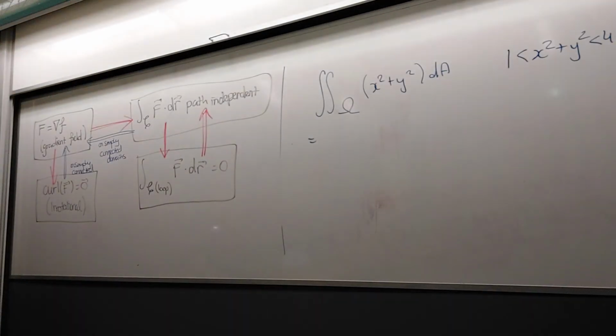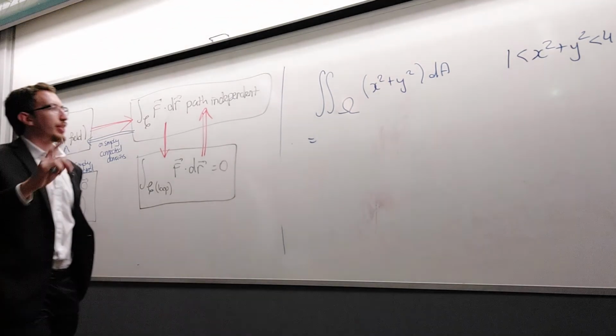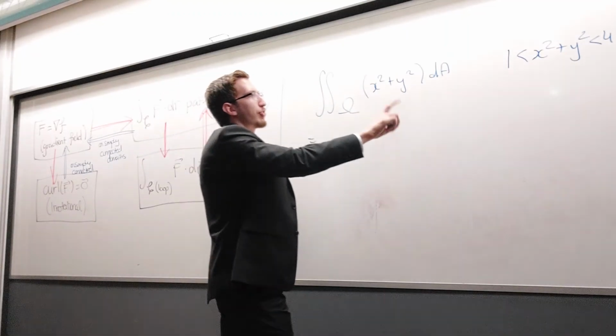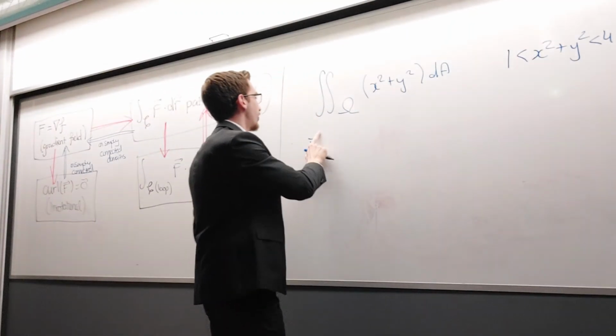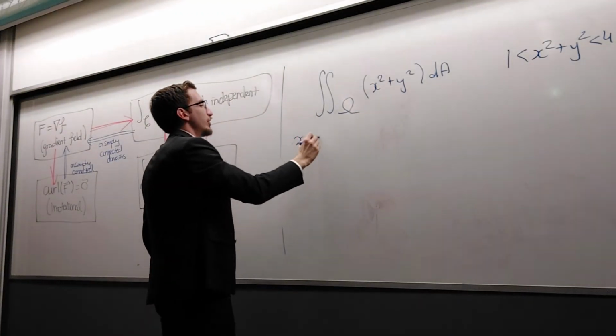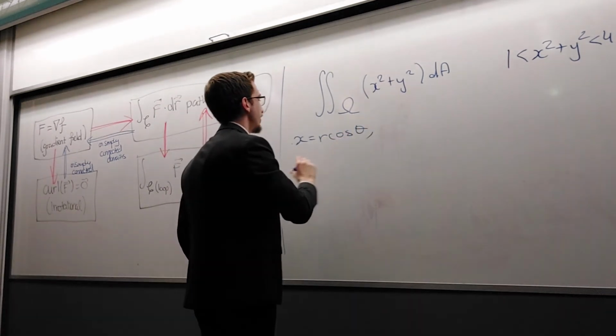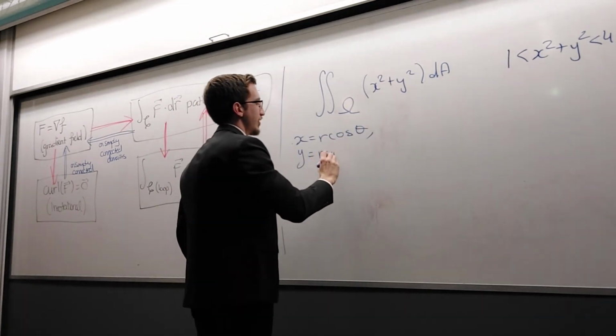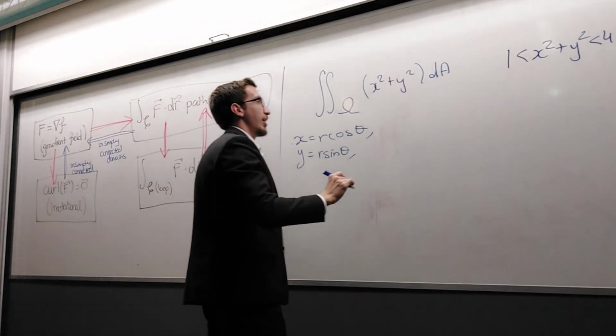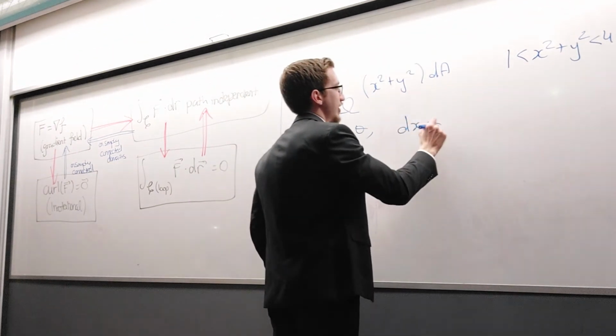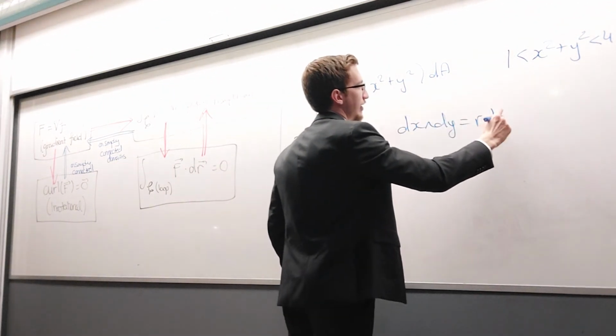So you take a disk of radius 2 and cut out the disk of radius 1. When I notice that the region of integration is circular, I can apply polar coordinates. Polar coordinates are r cos theta, r sine theta, and dx dy is r dr d theta.